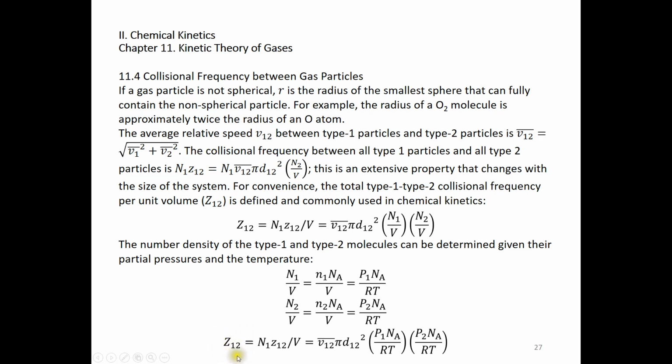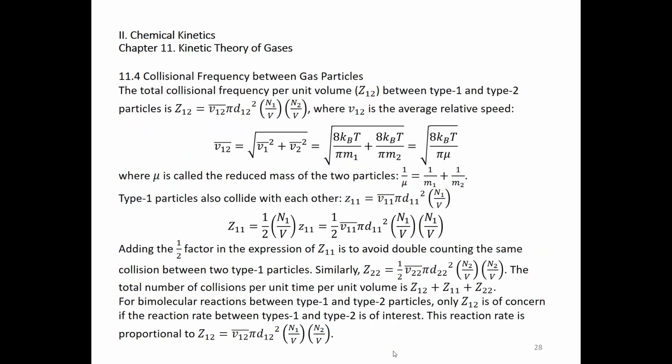The physical meaning of this is the total number of collisions between all type 1 particles and all type 2 particles per unit time, per unit volume. So it's here. And the expression is this. Again, it's the same as this one. It's just N1 over V is P1 times Avogadro constant over RT.